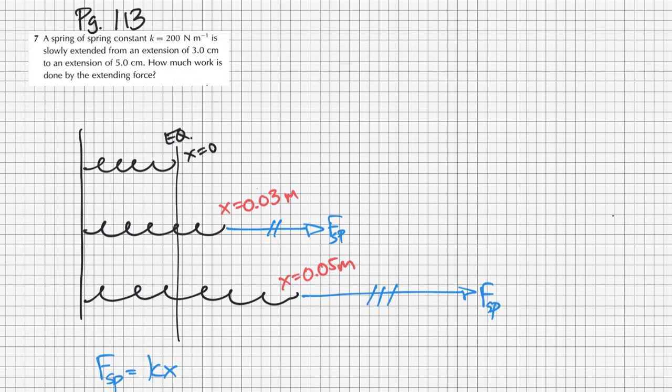Really there are 2 ways we could go about doing this, and it's interesting to do both. First, let's find the average force from 0.03 to 0.05. The force at 0.03 is going to equal negative Kx, or excuse me, just Kx.